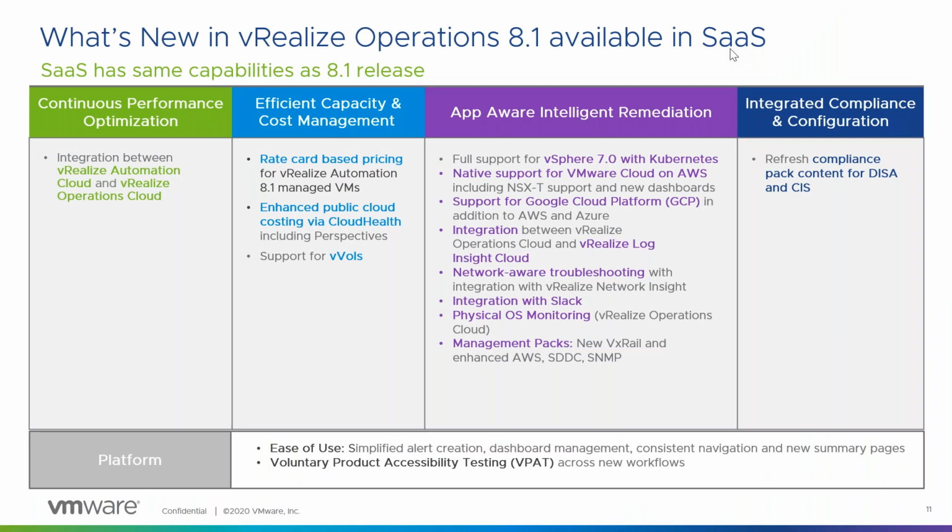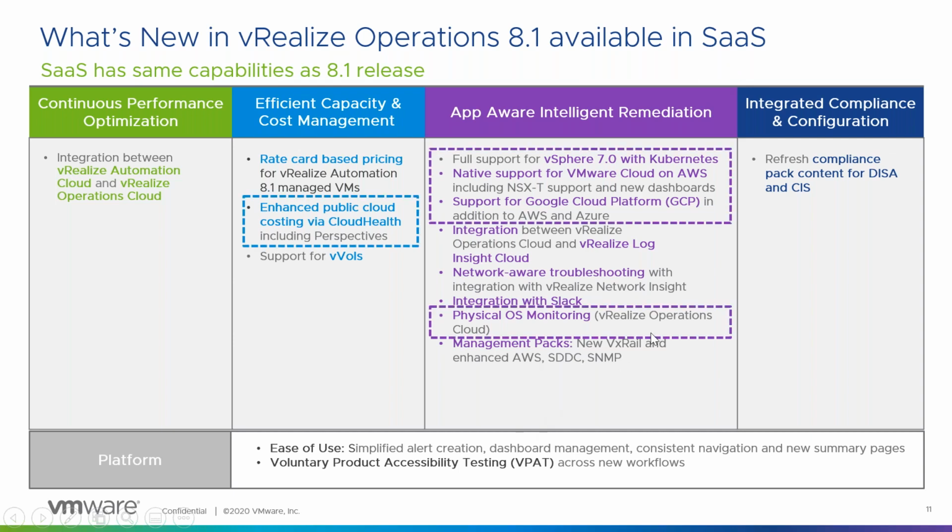But we're really excited. This has actually been announced, the 8.1 release of vRealize Operations, which will come in a few weeks. And some of the notable things here is the support for the very popular, it's been getting a lot of attention, vSphere 7 with Kubernetes. We'll have full support in vRealize Operations 8.1. So we'll have more details about that as we get into GA.